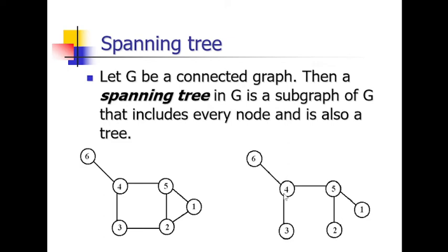It includes every node, and it also becomes a tree. Every node is covered and it is also a tree, so it becomes a spanning tree, covering all the points, every node. Okay, spanning.